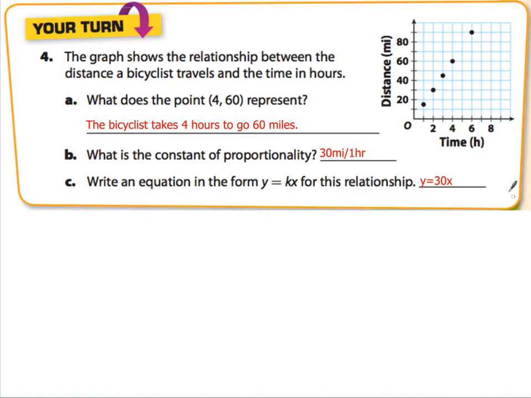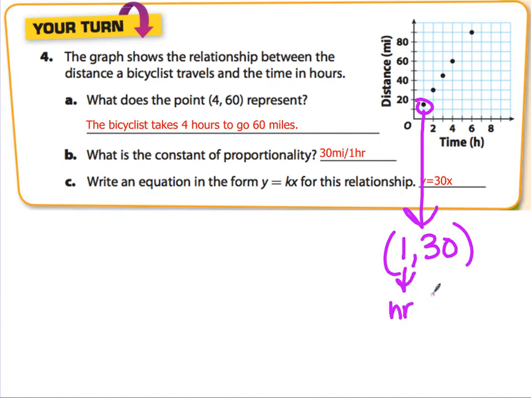Well, you could have found that here, at this point (1, 30), which means 1 hour to go 30 miles. Or you could have found it by doing the math, but it's 30 miles per 1 hour. So k is equal to 30. And then the equation would have been y equals 30 times x.